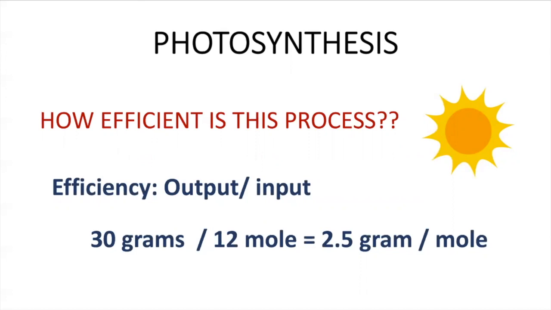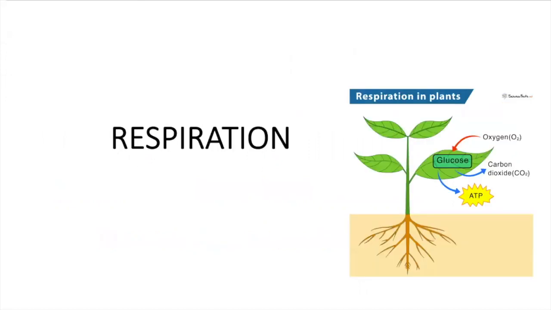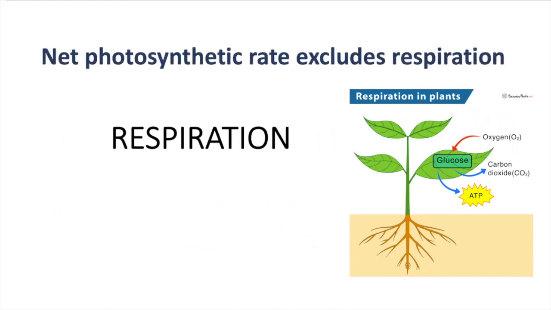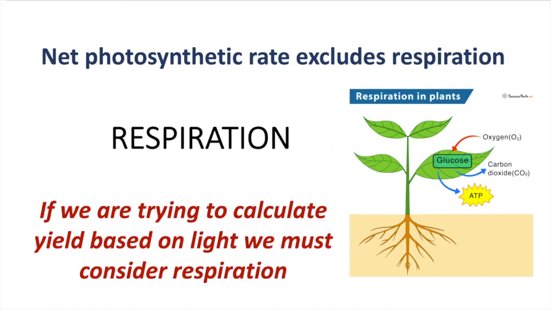Now, let's speak about something that is related to photosynthesis. Respiration. So, what is going on with respiration? When working with plants, we usually hear about net photosynthetic rate. This is the way we use to measure photosynthesis.